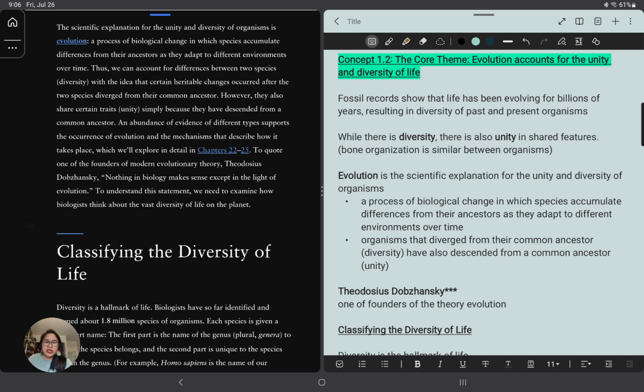Evolution is the scientific explanation for the unity and diversity of organisms, a process of biological change in which species accumulate differences from their ancestors as they adapt to different environments over time. And organisms that diverge from their common ancestor, diversity, have also descended from a common ancestor, unity. And Theodosius Dobzhansky is one of the founders of the theory of evolution.